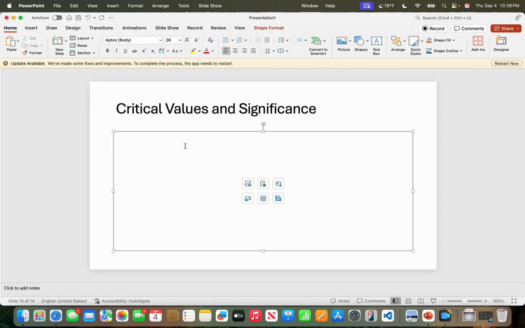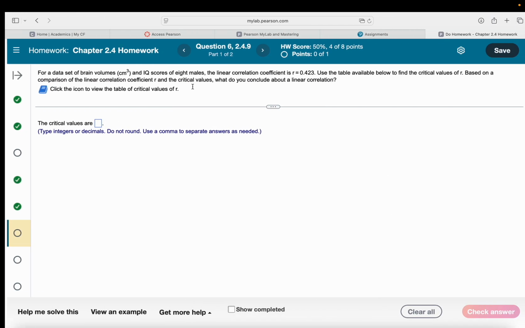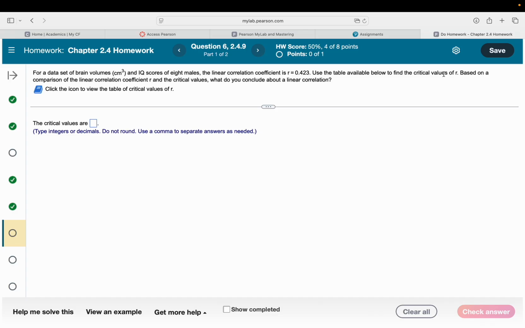So what we're going to do in general is we're going to say, like this is a correlation coefficient. We could almost refer to that as a statistic.